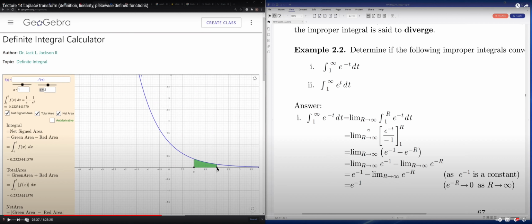When you work that out, you want to notice that the area under the curve is equal to this integral.